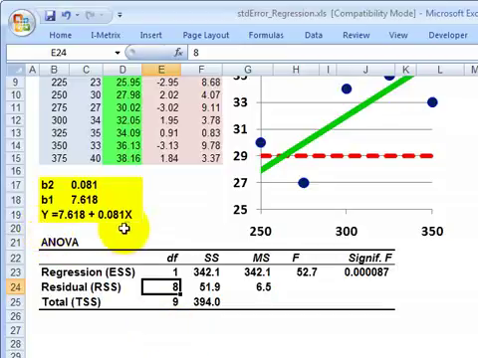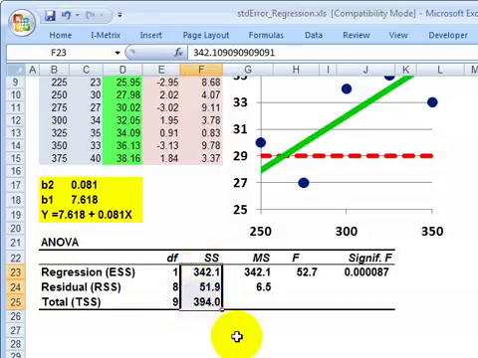We have a dependent and a single independent or explanatory variable. That's two variables. So our degrees of freedom for the residual is n minus 2, or 10 minus 2, which is 8. And then really the easiest thing to do is just back into the regression degrees of freedom of 1, because the residual plus the regression, 1 plus 8, has to equal 9 total degrees of freedom.